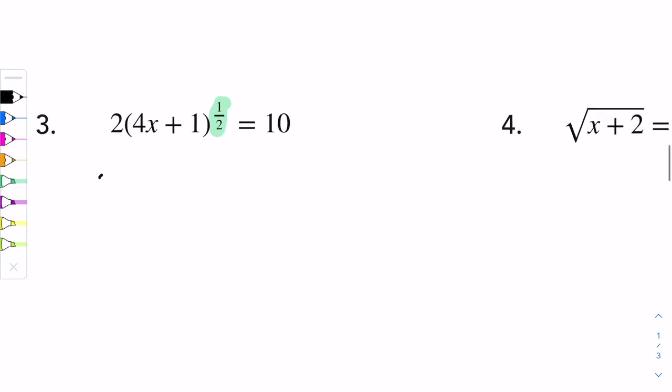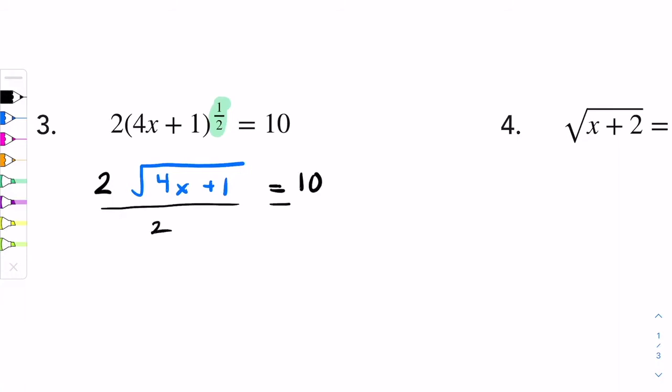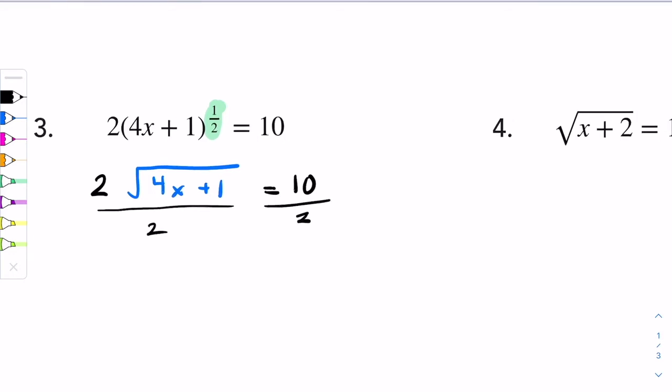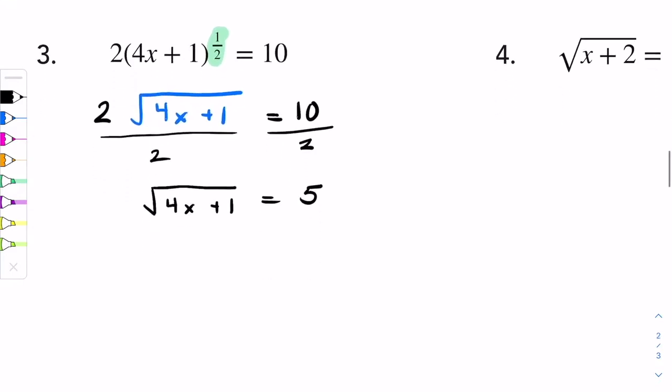So that's what I'll do here. I'll rewrite 4x plus 1 as the square root of 4x plus 1, and this is equal to 10. Then I'm going to divide both sides by 2 to isolate the radical, leaving me with the square root of 4x plus 1 is equal to 5. And just follow along as I complete the rest of this one and number 4.